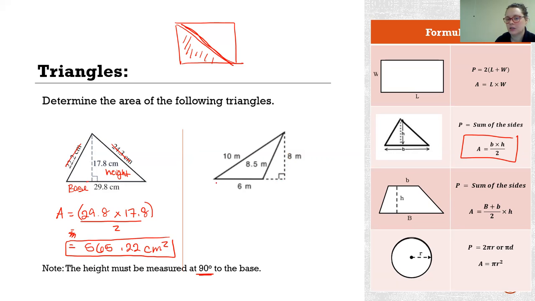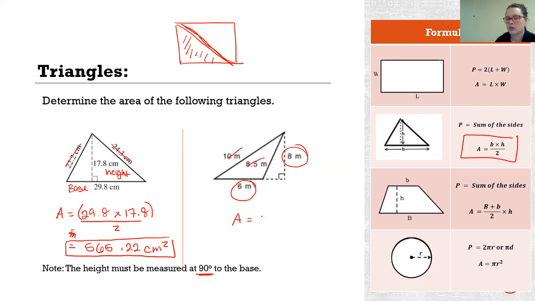Over here, now when we do trig, you're going to see lots more of these questions show up. So our base is our 6 centimeters. The height is straight up from the base, so we extrapolate our line out, and we've got 8 meters here, so that's our height. We don't care about the other two. They're not at 90 degrees to the base.